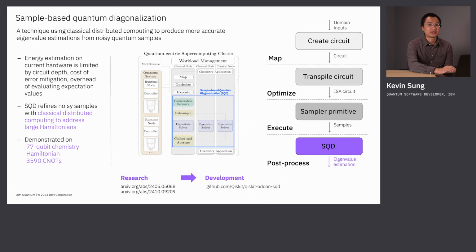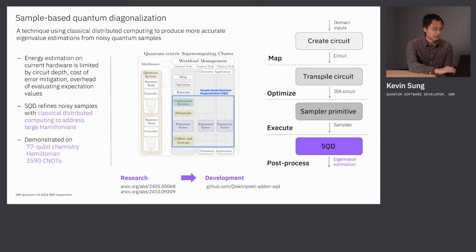I'm a software developer at IBM, and right now I'll just be giving a quick tutorial on our open source implementation of SQD. On this slide, I'm showing you a diagram of how SQD would fit in a workflow.